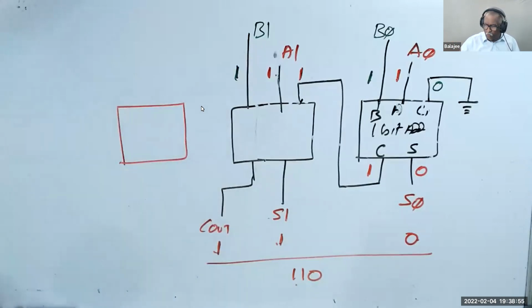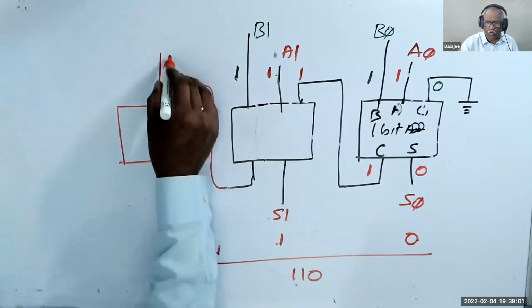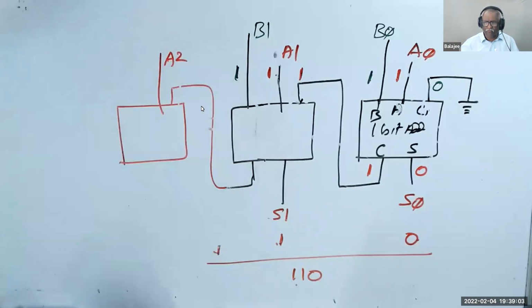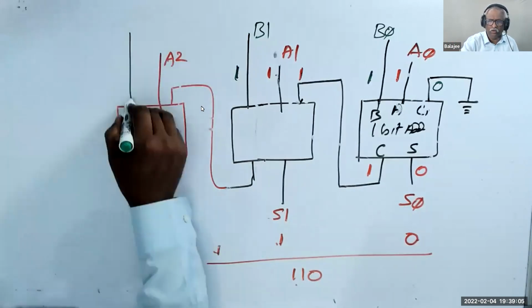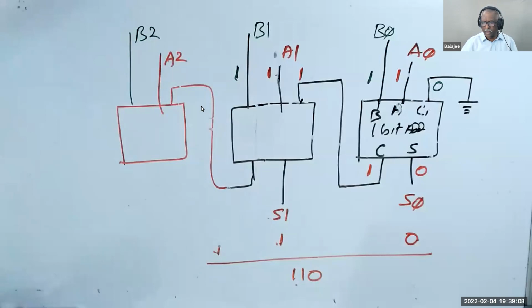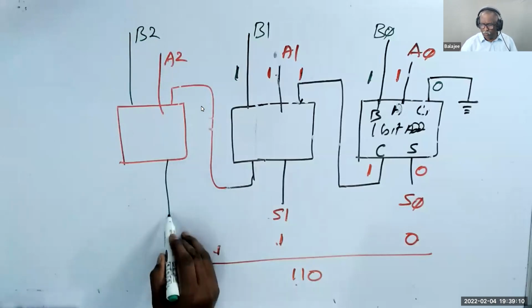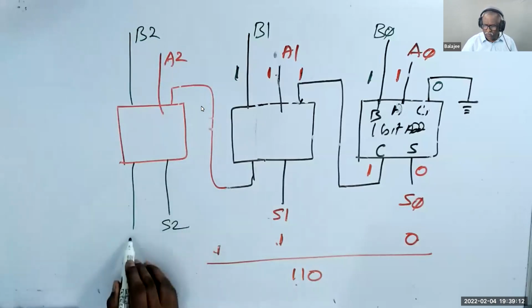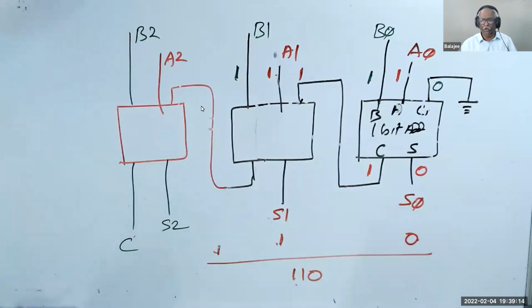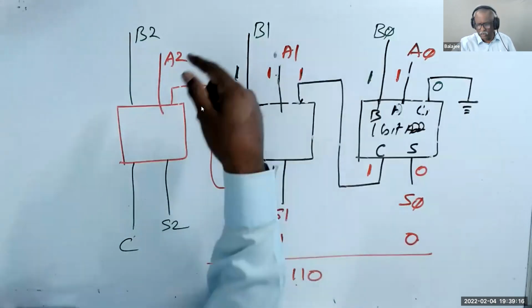So understand now. Now I add one more bit: the 3-bit adder. This carry will go inside. Now I have A2, I have B2, I have sum 2 and carry. So it becomes 4 bits. When you add 3 bits plus 3 bits, you will get 4 bits.